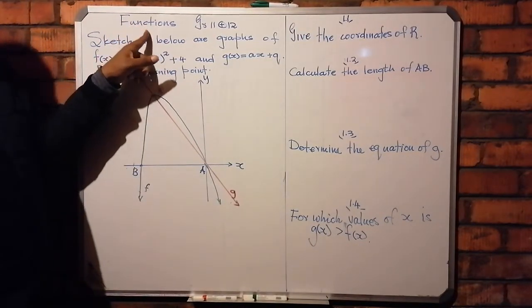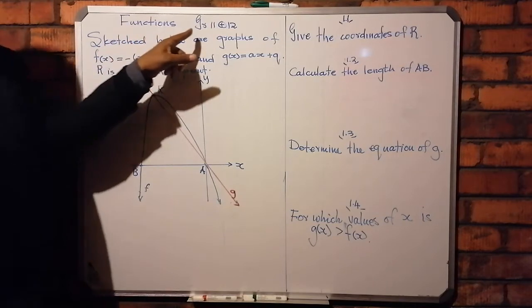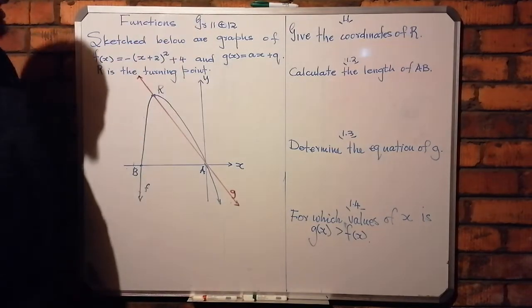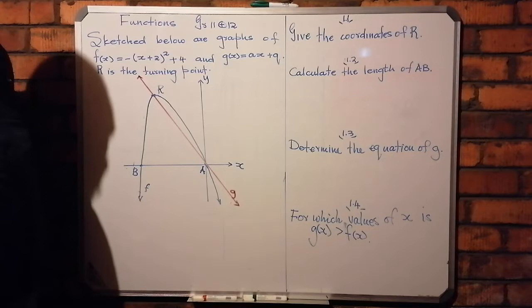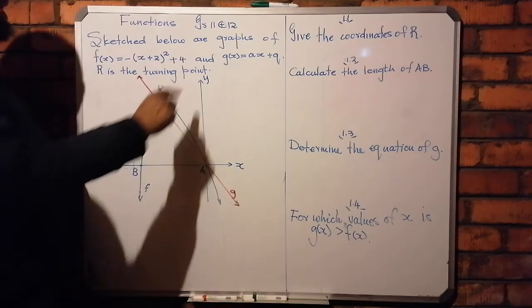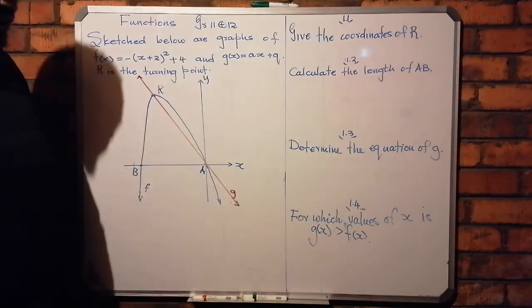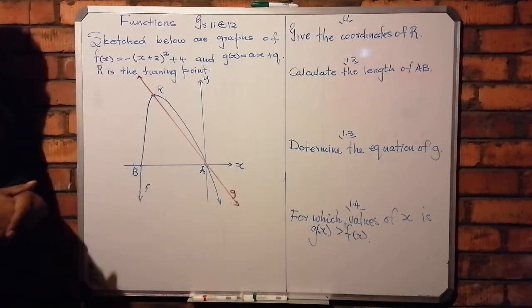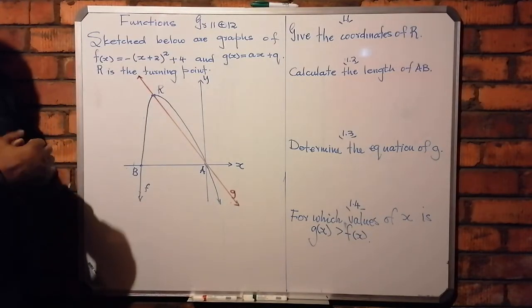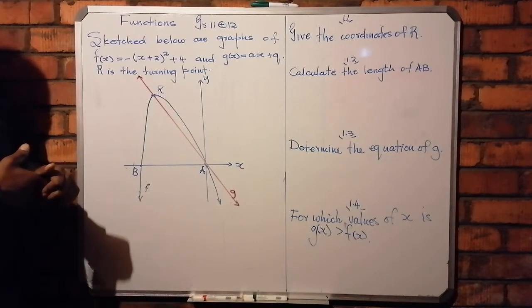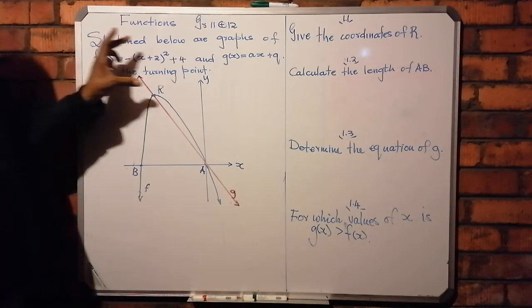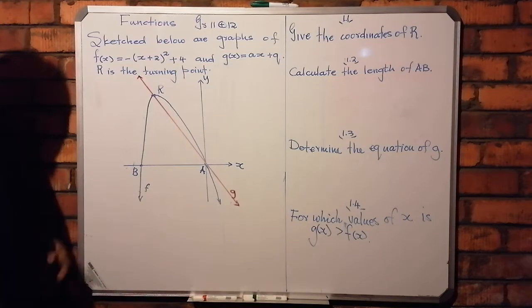I'm doing functions for grade 11 that normally goes again and be examined in grade 12. Now, what we are about to do here is to attempt and answer this question from the given two graphs.